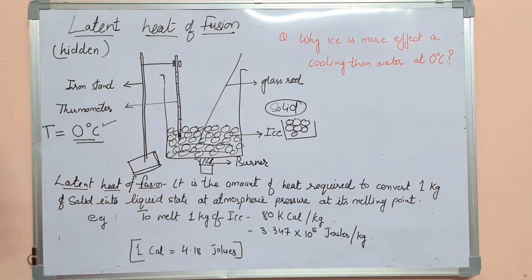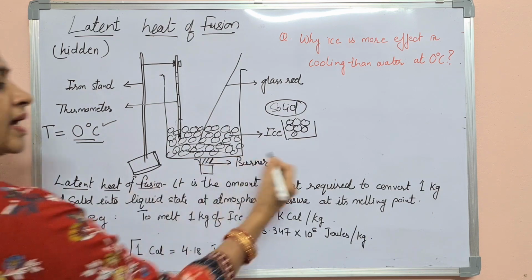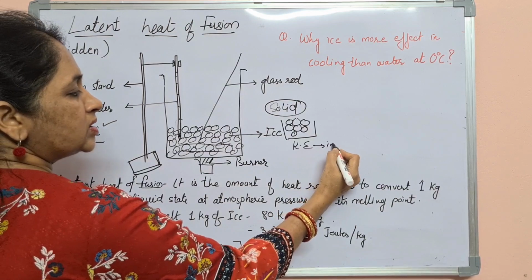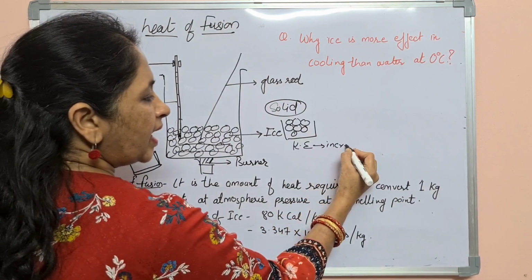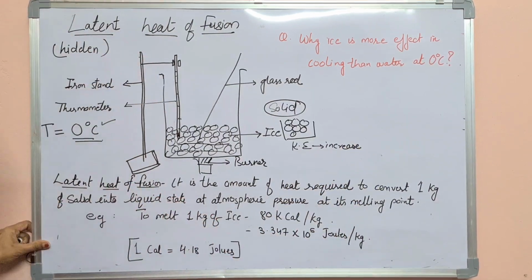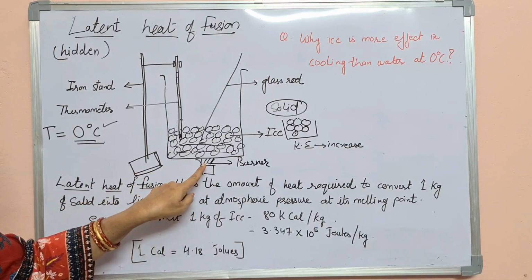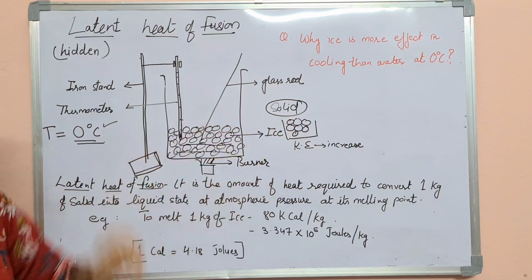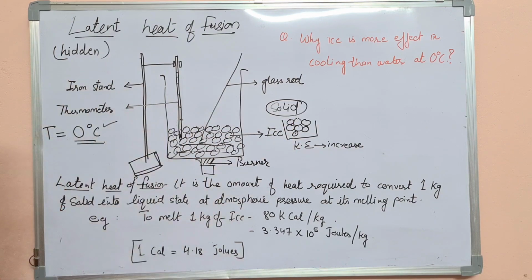When we are heating, what happened to the molecules of the ice? First their kinetic energy will increase. इनकी कौन सी energy बढ़ जाएगी? Kinetic energy बढ़ जाएगी. So first that amount of the heat supplied through the burner is used to increase the kinetic energy of the molecules. After that also we are providing the temperature.